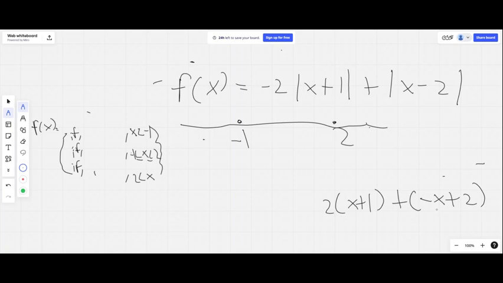We solve it further, and that becomes x plus 4. So with x less than -1, it becomes x plus 4.